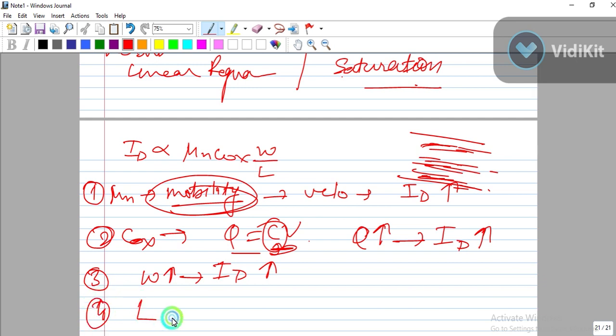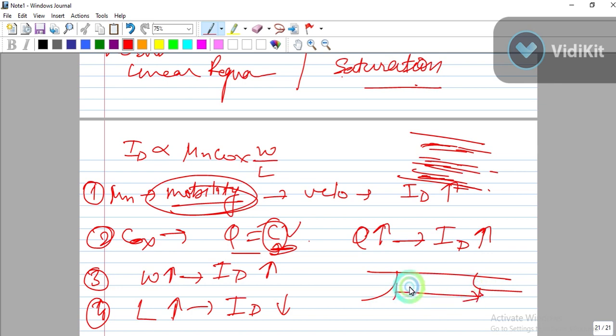Fourth one, L. If L increases, ID will reduce. Why? Because in MOSFET, this is L, it is like a resistance. If this increases, then resistance will increase. If resistance increases, then ID will reduce. So this is all you can see from the device level also.